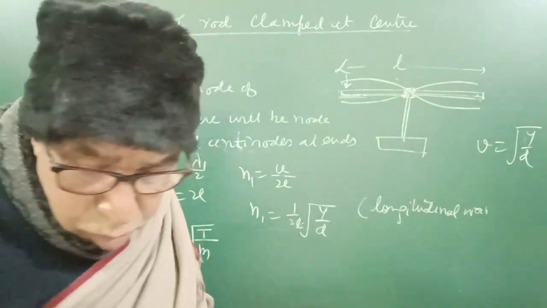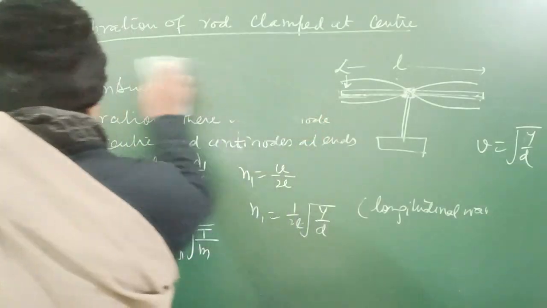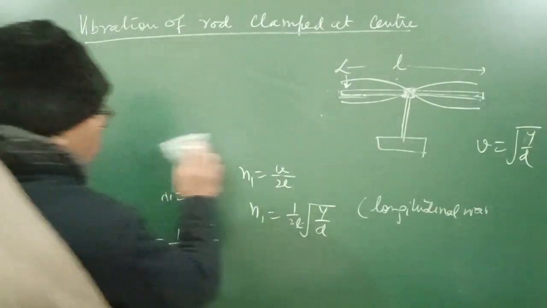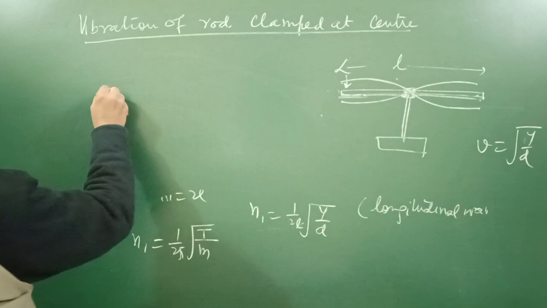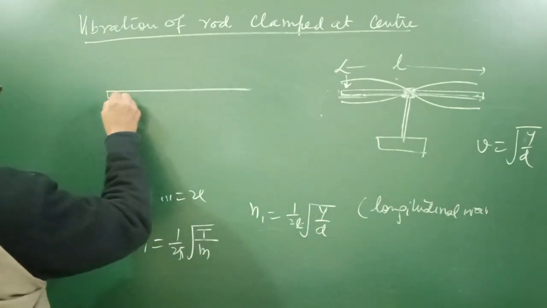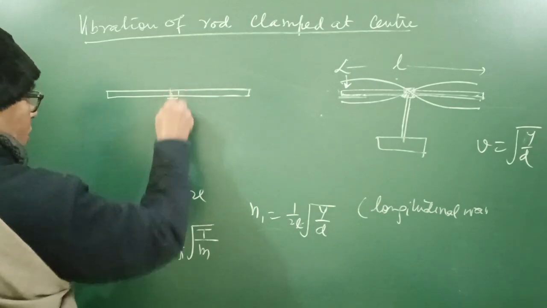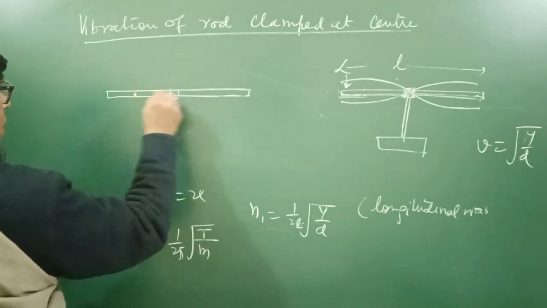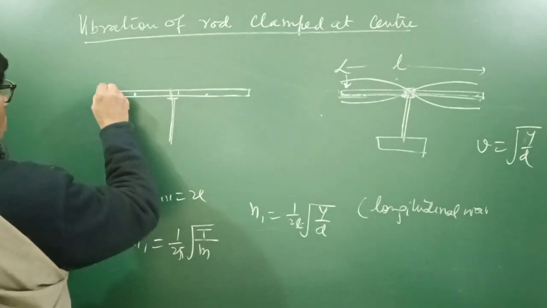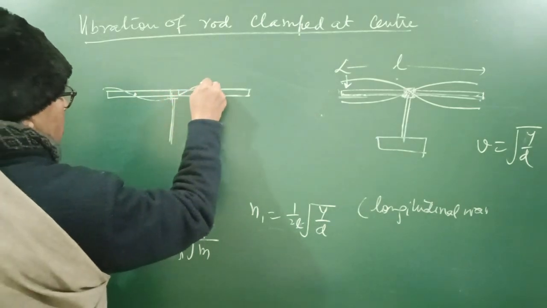Now, if you produce a higher harmonic, then the rod may oscillate like this, having the node always there at the center. There may be nodes here also, and this may vibrate like this.